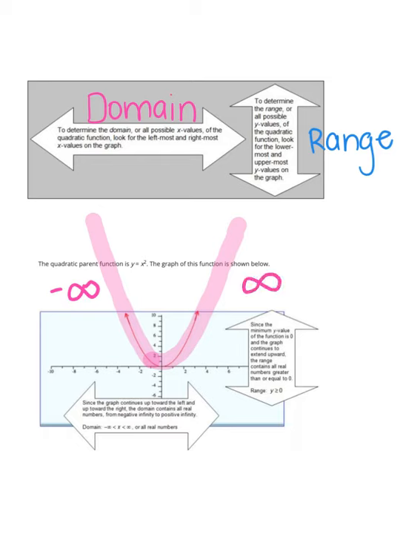Just because I changed direction during that curve did not mean that I do not have x values there. I have x values at -6, -4, -2, 0, 2, 4, and so on. So my domain would read that it starts at negative infinity and goes to positive infinity. And we're talking about the x value, so we're going to put that in inequality notation.